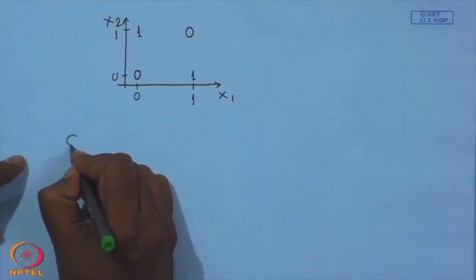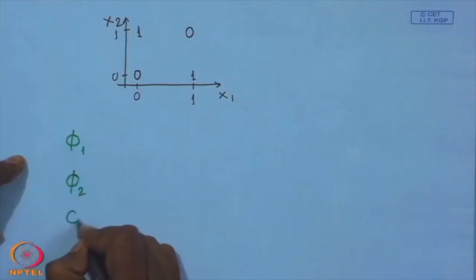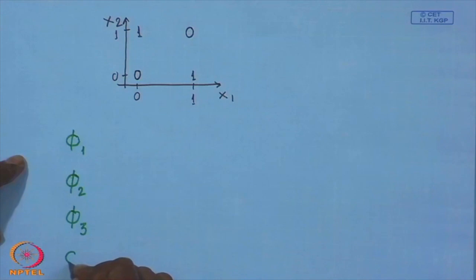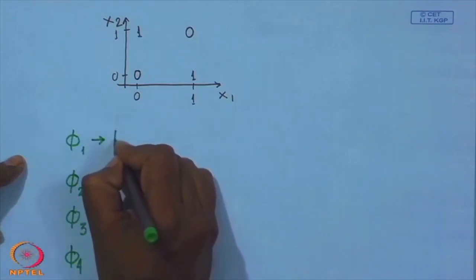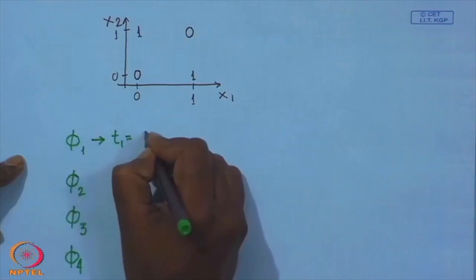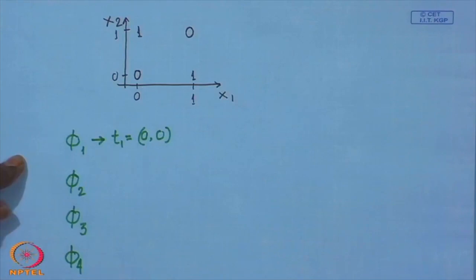What I want to do is cast this 2-dimensional feature vector into a 4-dimensional space by using 4 radial basis functions, phi 1, phi 2, phi 3 and phi 4. For phi 1, I choose T 1 equal to say 0 0. That is the receptor of phi 1.